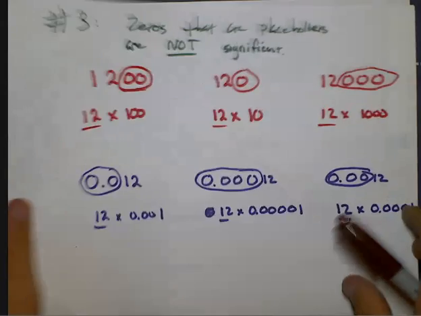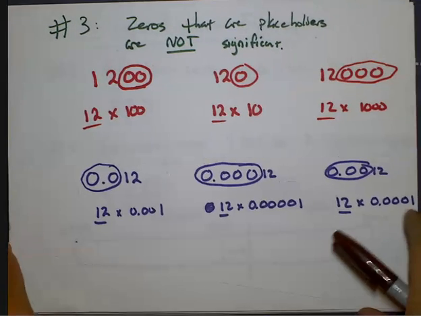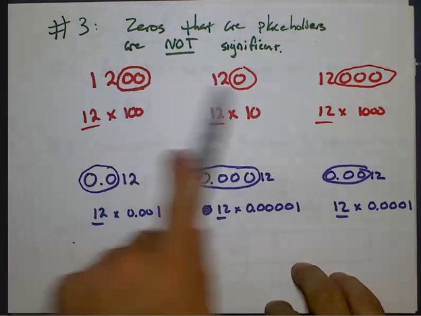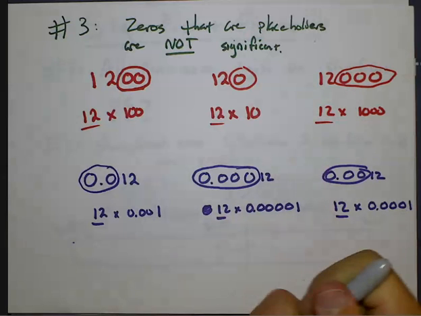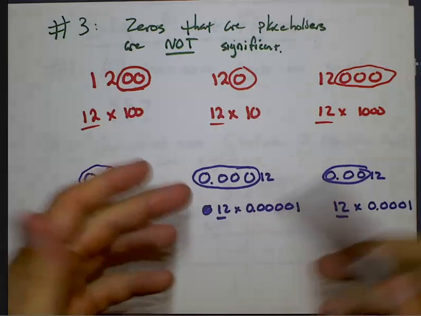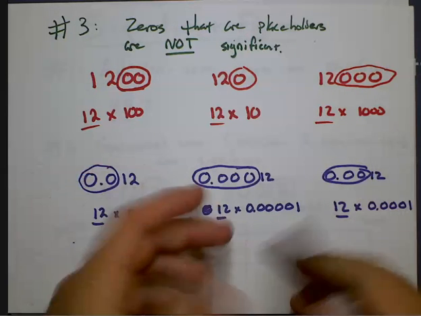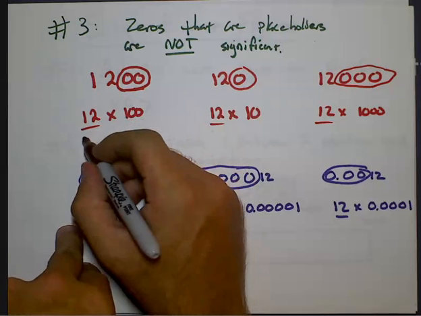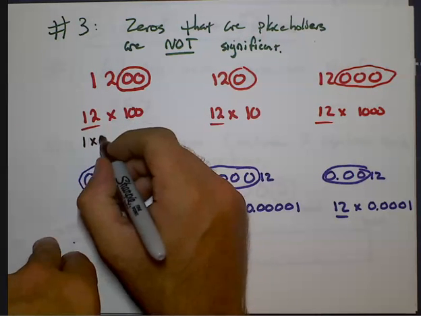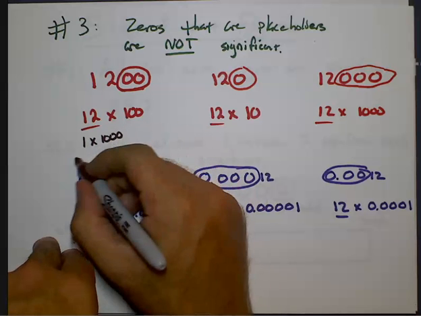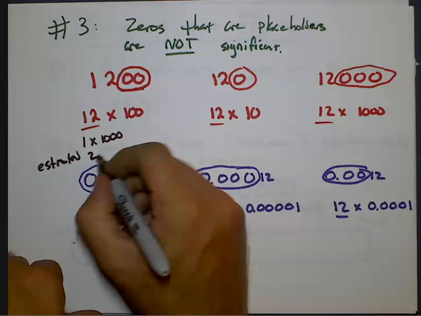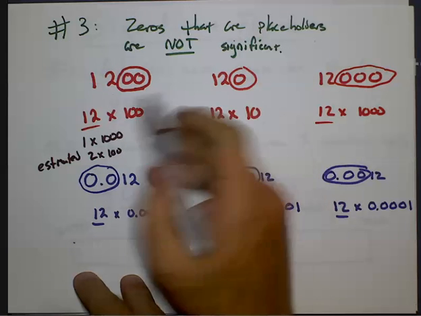Taking a look at the next rule, zeros that are placeholders are not significant. Now, what does this mean? These placeholders at the end of whole numbers basically shift the size of what we're measuring. Okay, in here we've measured 1/1000, and we've estimated 200s.